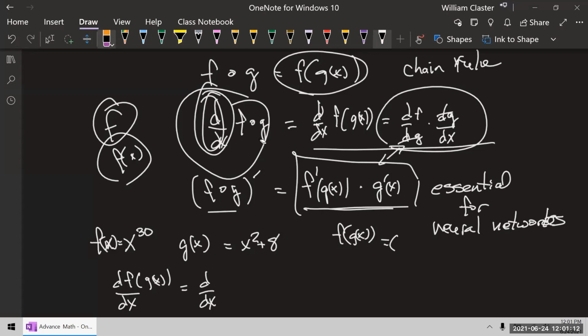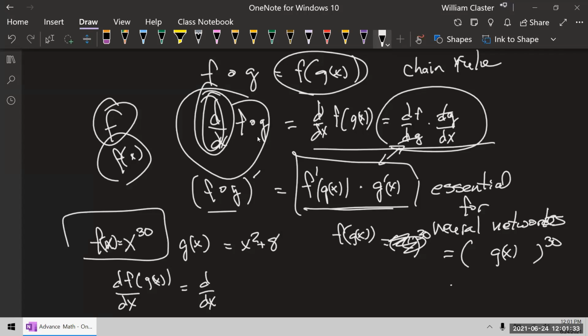F says raise something to the 30th power. And g is what? I'm raising what to the 30th power? G. And g is what? It's x squared plus 8. So suppose I want the derivative of that. Okay, well, that looks pretty complicated to find the derivative of that.